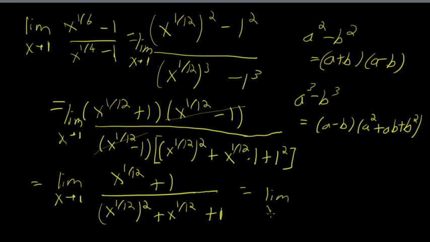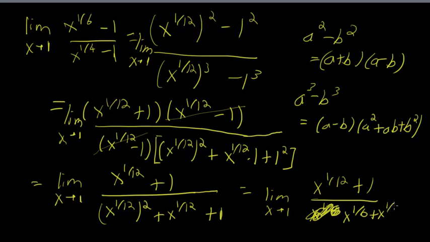That's the limit as x tends to 1 of x to the 1/12 plus 1, over, in the denominator, this x to the 1/12 squared is x to the 1/6. Okay, 1/12 times 2 is 1/6. Oops, I wrote 1/16, so it should be x to the 1/6. Ignore that there. Plus x to the 1/12 plus 1.